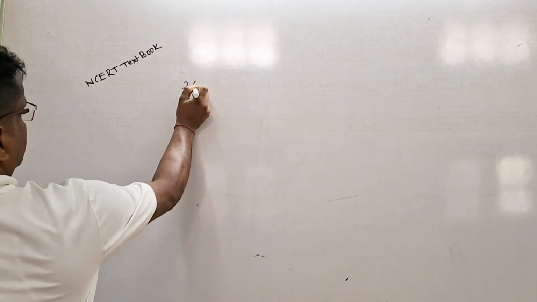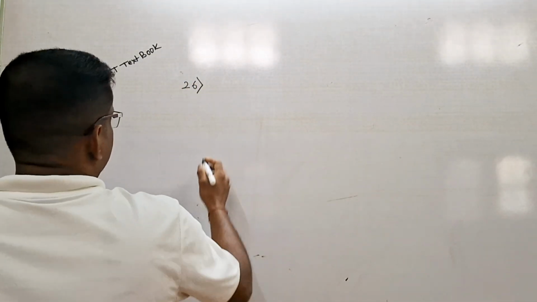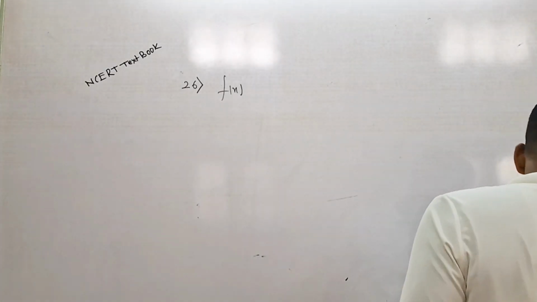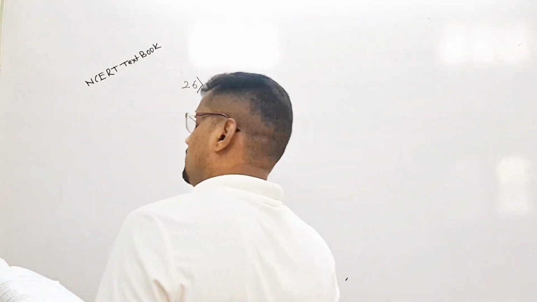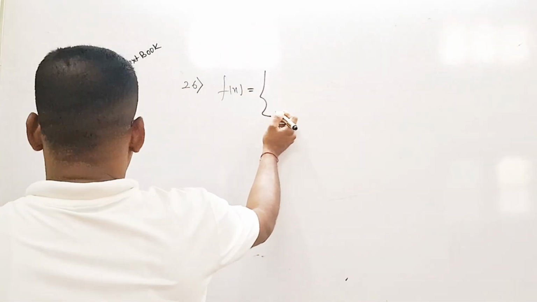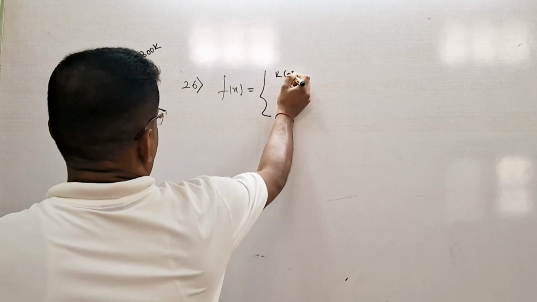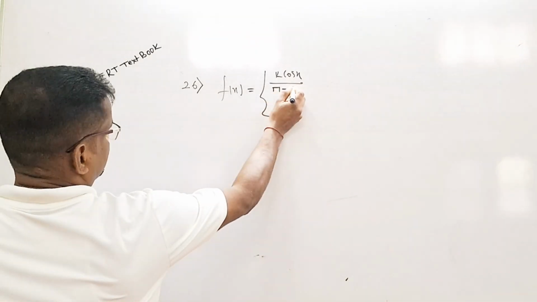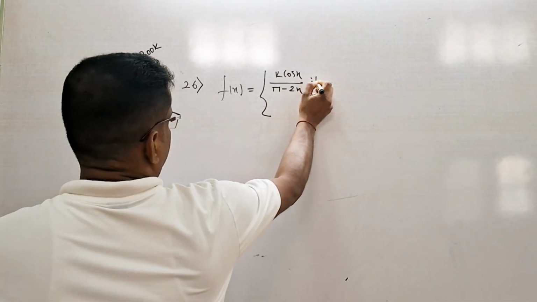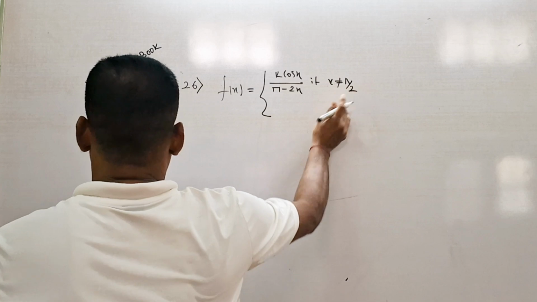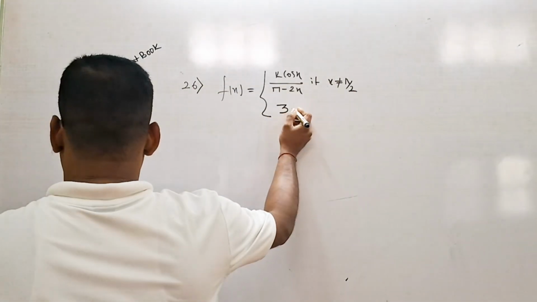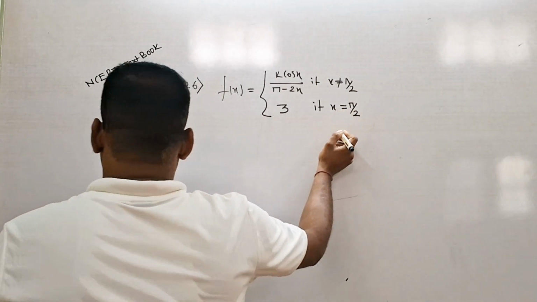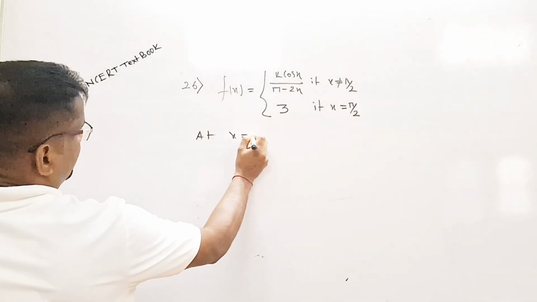See this question 26. Let me write the function at first. f of x is given as k cos x divided by pi minus 2x when x is not equal to pi by 2, and it is 3 if x is equal to pi by 2.